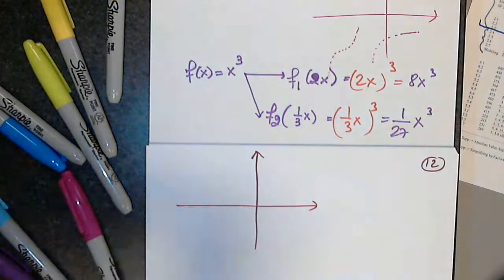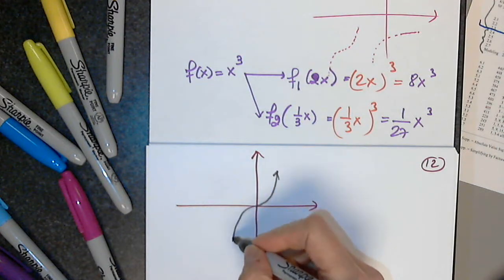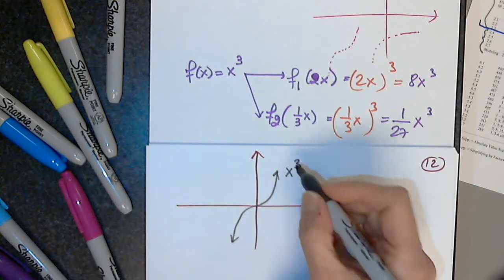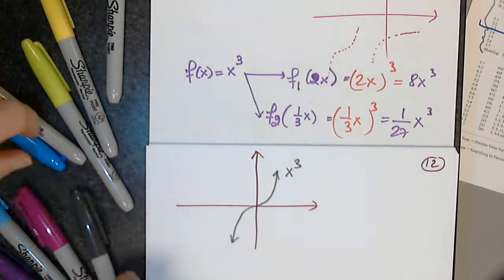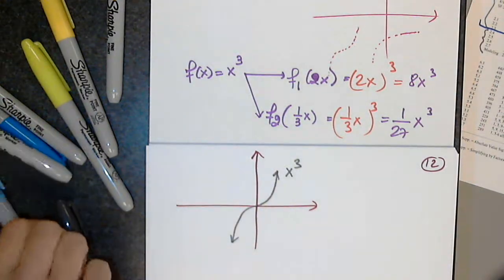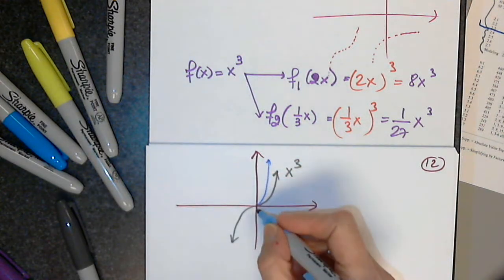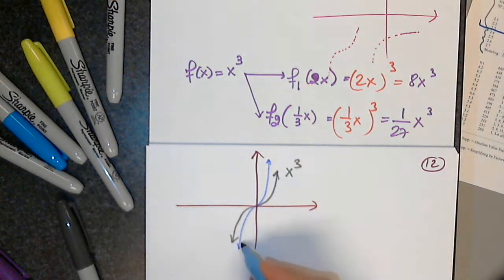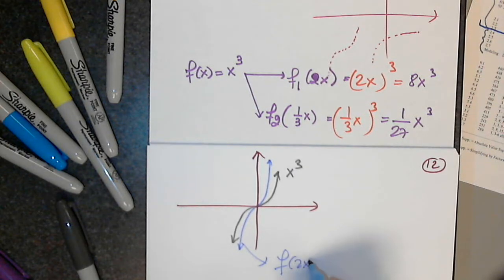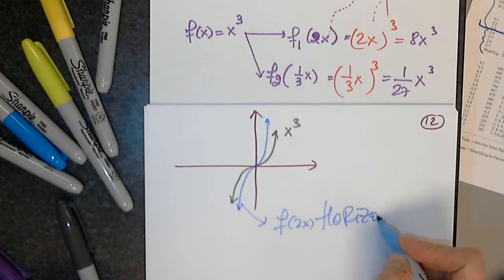So when I graph x cubed, I get this. When I graph f of twice x, I get this. This is f of twice x, which is horizontal.